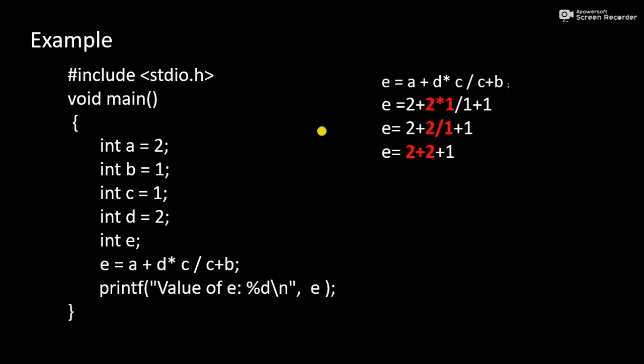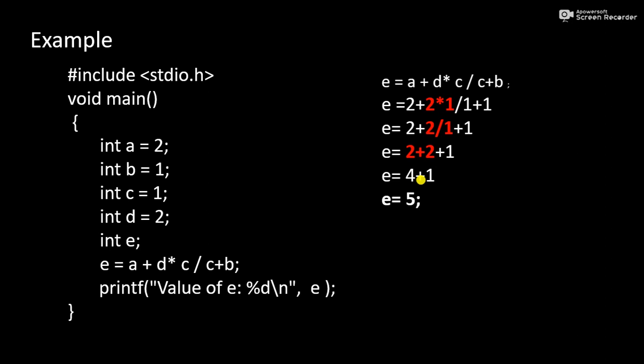So we need to check associativity, and addition is also left to right associative, which means we need to evaluate the left-hand side operator first. So first we add 2 plus 2, that is 4, and finally we have 4 plus 1, so the value of E became 5.